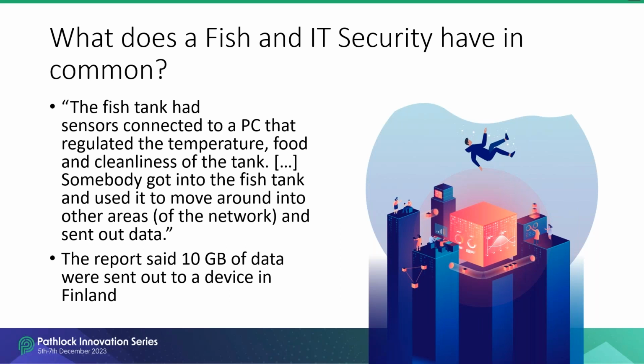And the common thing here is that there was in 2017 a big casino hack somewhere in Las Vegas, and the hack was done by adding or entering an IoT device in a fish tank. So there was a fish tank in the casino, and the IoT device in the tank was to monitor the pH value of the water and the clearness and things like that.